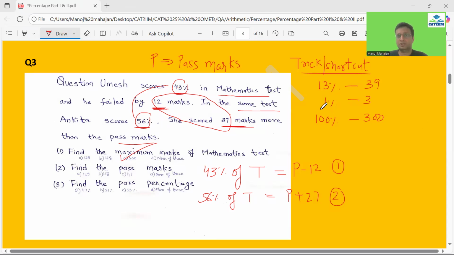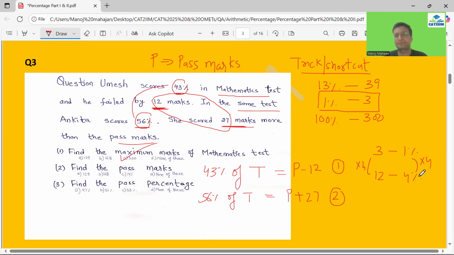So let's use this over here. So 1% is equivalent to 3 marks. I can do it the other way around also. 3 marks gives you 1%. 12 marks, if I wanted, is nothing but into 4. I require percentage wise 4%.